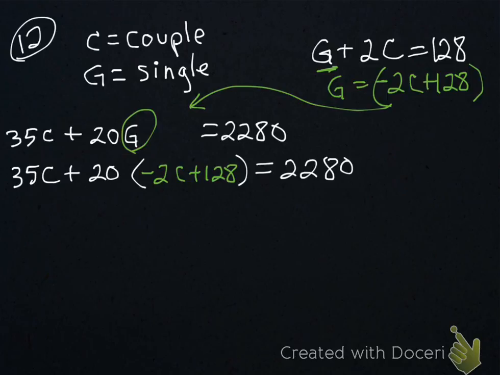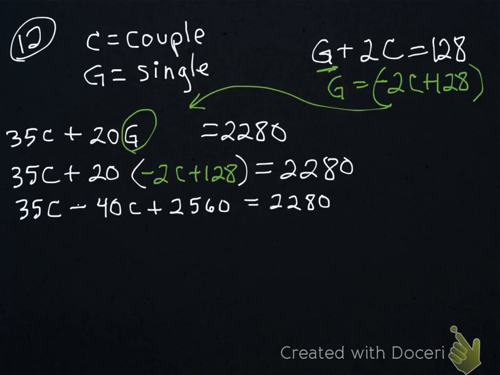So I have 35C, distribute the 20, you get minus 40C, and then 20 times the 128 gives me 2,560. And that's equal to 2,280. So now let's combine like terms. I get negative 5C plus 2560 equals 2280.